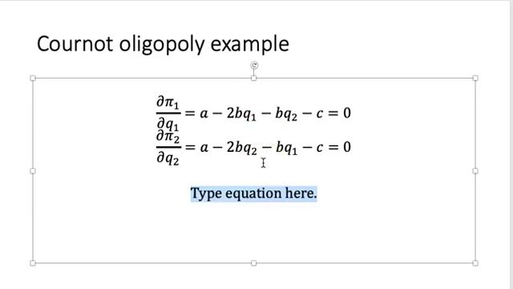So Q1 star is basically A minus C, and because you have this expression for Q2, it's A minus C minus B Q2 over 2B.